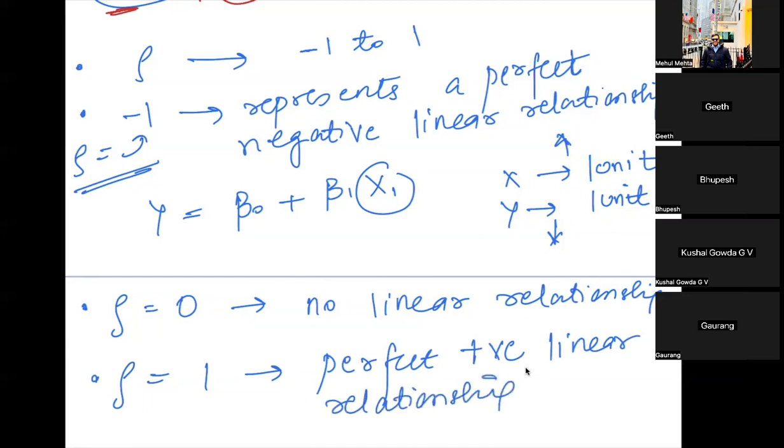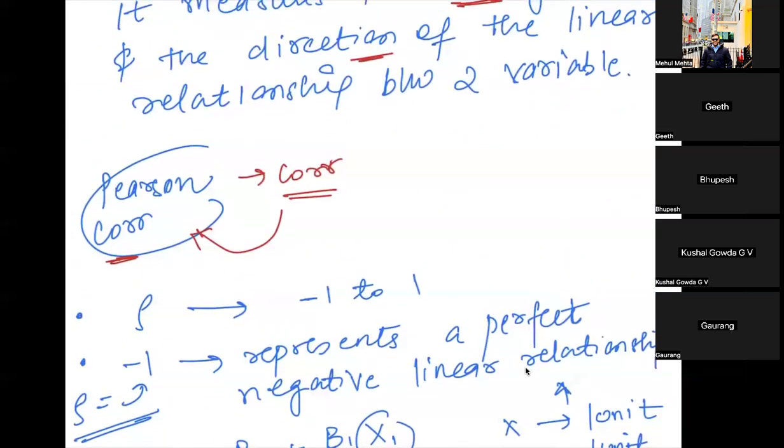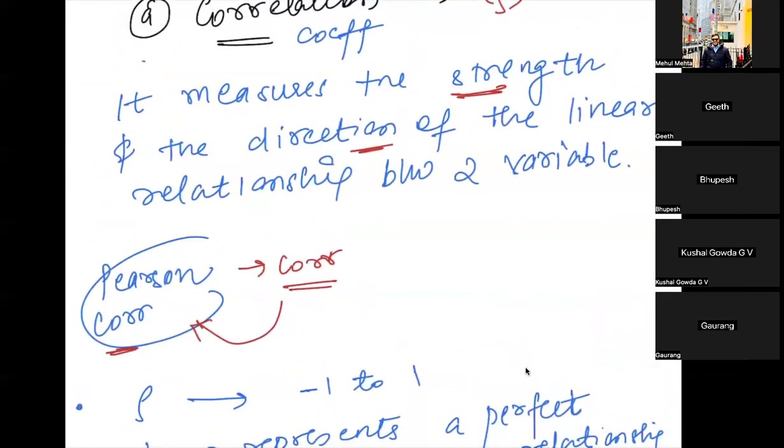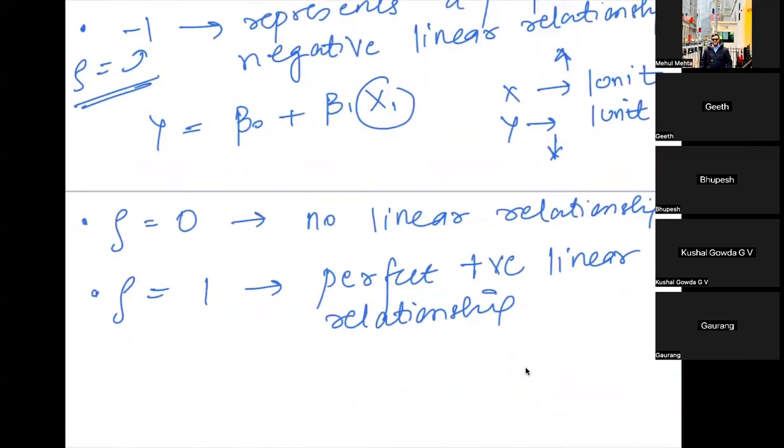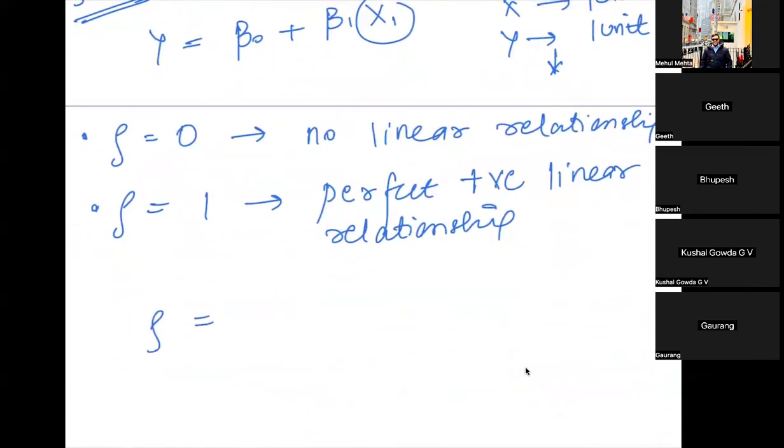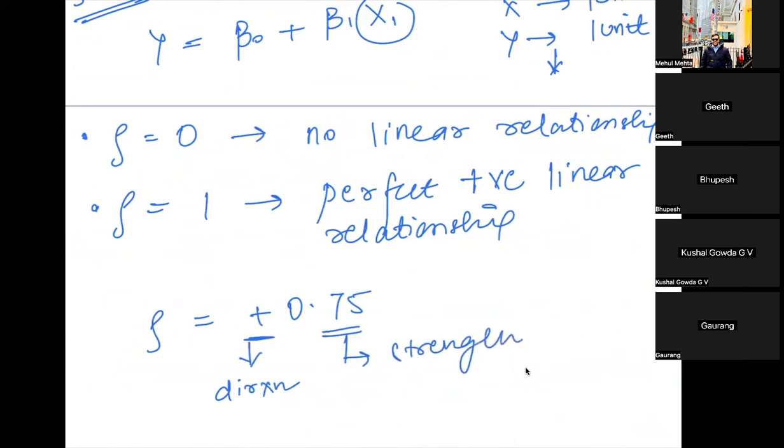So using Pearson correlation, you can measure the strength and the direction. When I say rho is equal to positive 0.75, the plus is your direction, and the 0.75 is your strength. This is one way of analyzing if there exists a linear relationship or not.